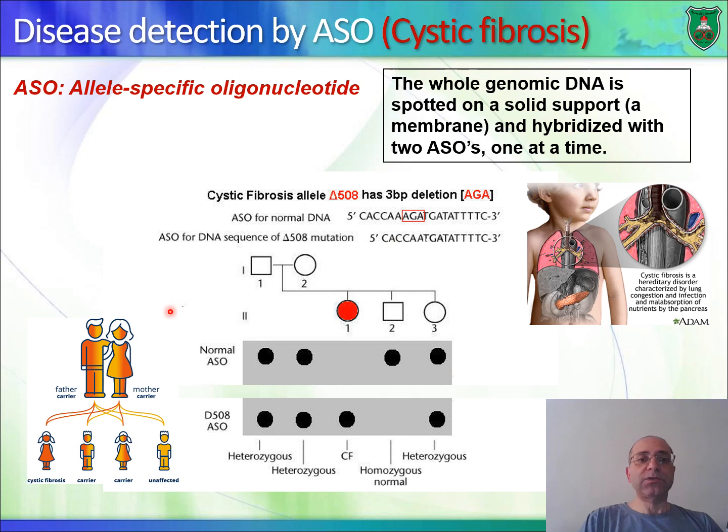Okay, so we have a pedigree right here. The pedigree tells us that here we have a male, and males are represented as squares, and we have a female right here, and females are represented as circles.